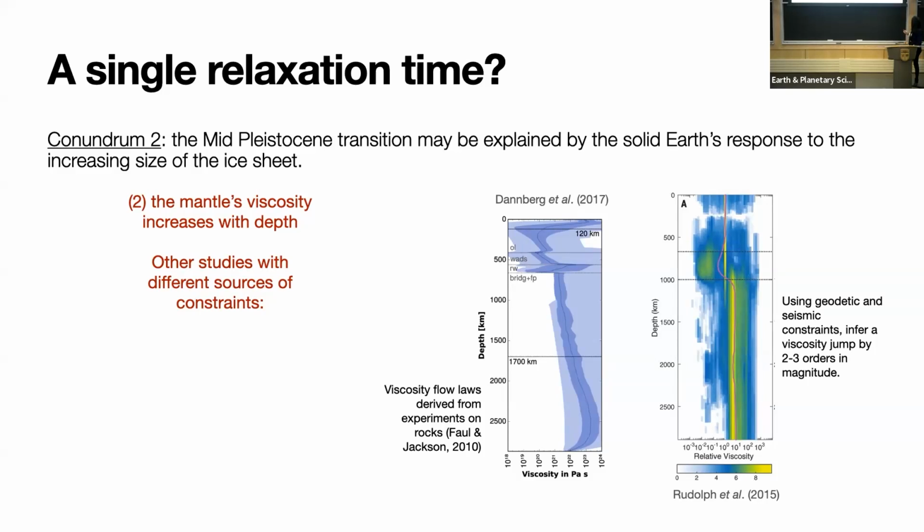Here's another study that focused more on seismic data and geodetic constraints, and again inferred a viscosity jump across the mantle of 2 to 3 orders of magnitude. So we're basically at this point where it's pretty well established that viscosity increases dramatically with depth.